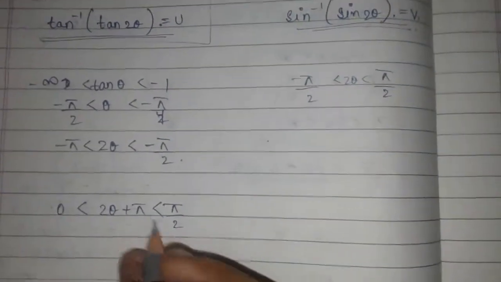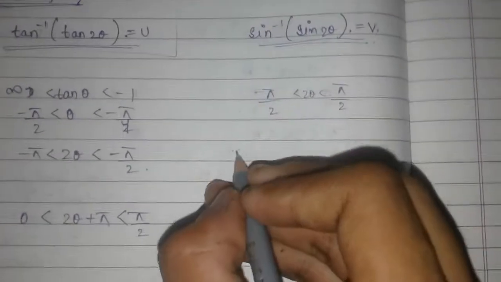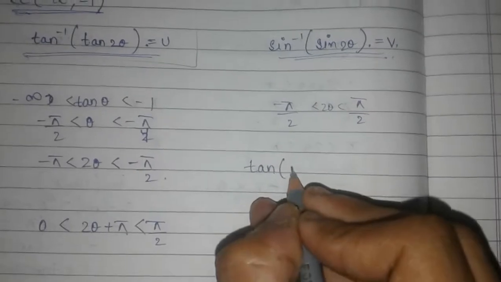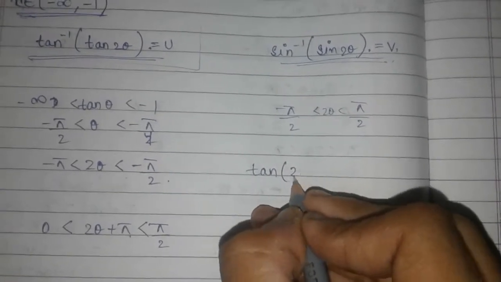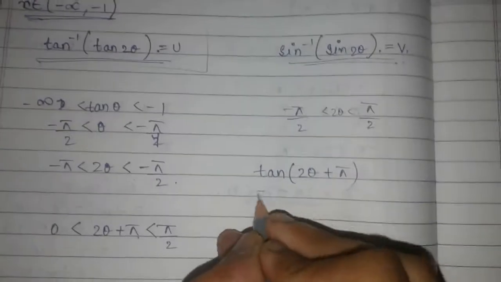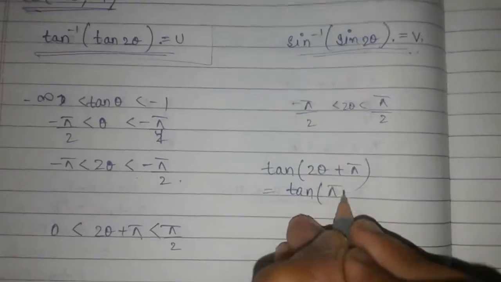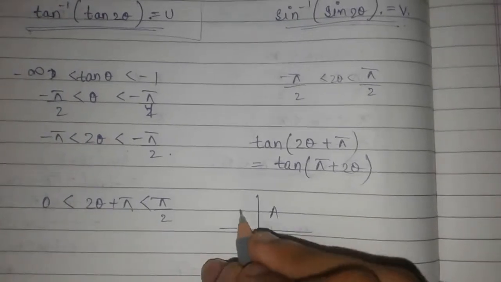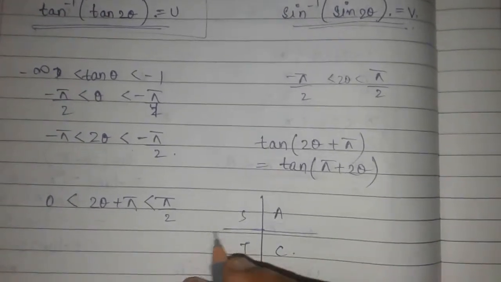But we have to check whether this caused a change in the magnitude of tan 2 theta or not. So we'll substitute 2 theta plus pi in place of 2 theta in tan 2 theta, which is tan of pi plus 2 theta. Now if we move on to the quadrant graph, so this is sine, this is tan, and this is cos, this is pi.